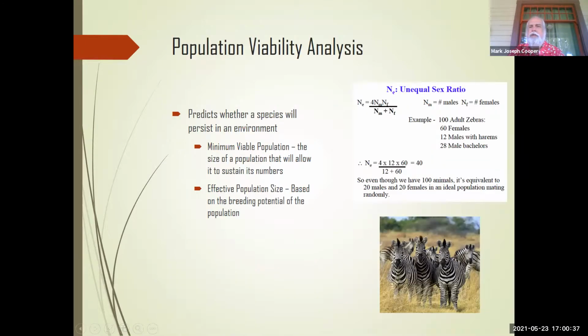All right, and so what I want you to know about, we're not going to use these calculations, but the idea here is population viability analysis decides, will this population survive for the next 10 decades? So it's a way of calculating things. And there's two things you have on here: a minimum viable population.